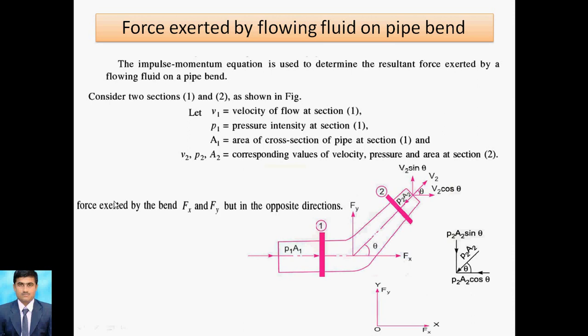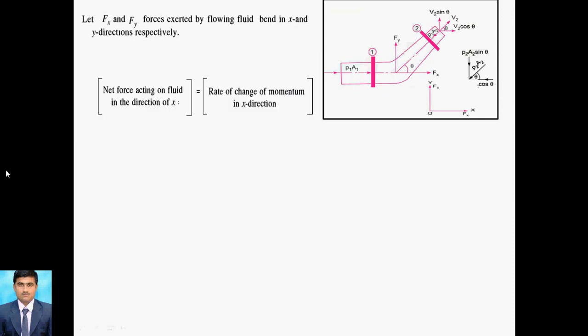The forces exerted by the bend are Fx and Fy, which are in opposite directions. We have to find Fx and Fy, the force exerted by the flowing fluid in a bent pipe in the x and y directions respectively. Fx is along the horizontal direction and Fy is perpendicular to that.